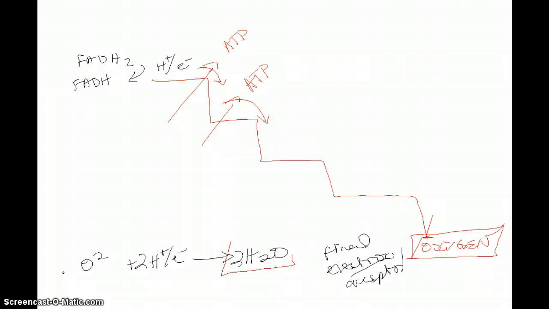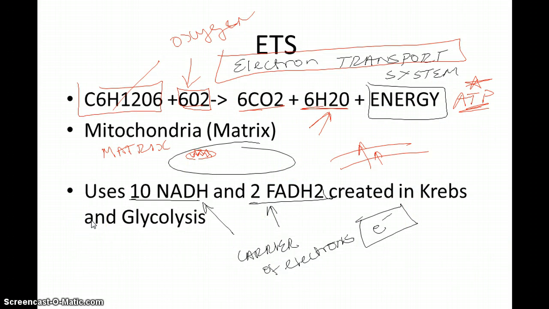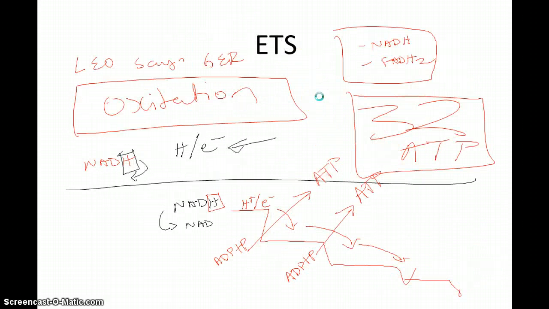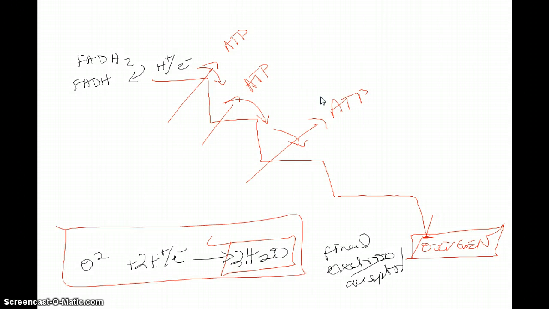And again, if we go back here, we can see that water is a product of cellular respiration. It is formed because oxygen is the final electron acceptor. Oxygen reacts with the electrons that are coming down, and finally the electron reaches it, and we have water.